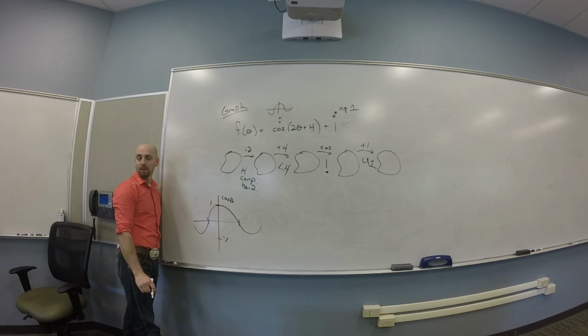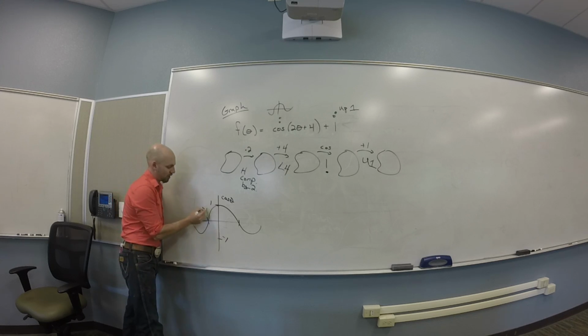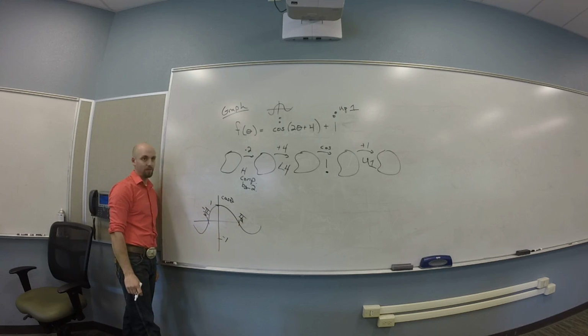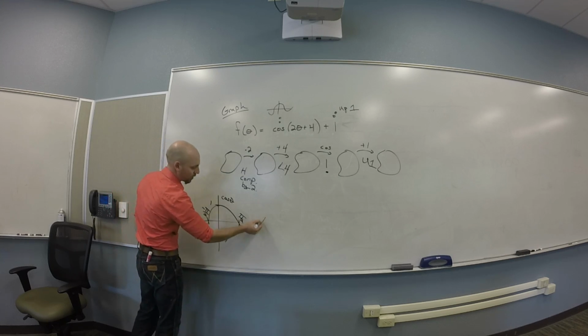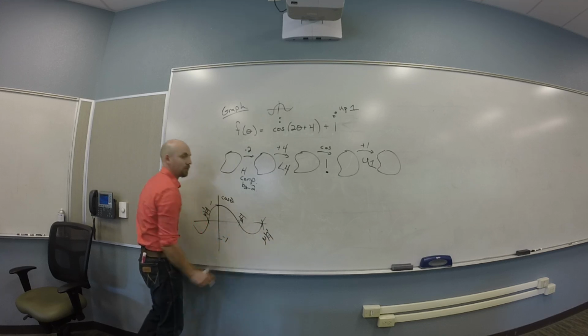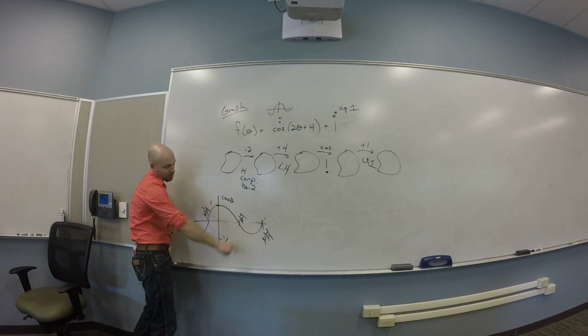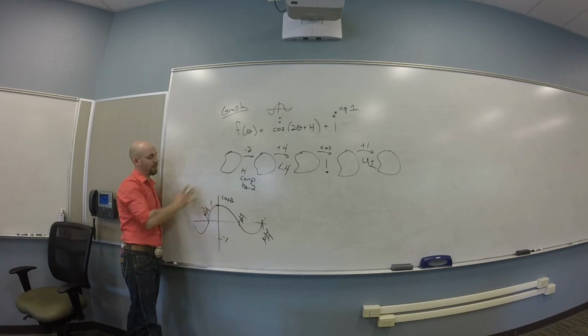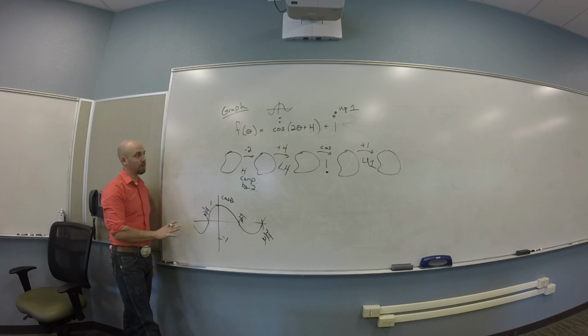The first crossings off the y-axis are negative pi over 2 and pi over 2. The next one is at 3 pi over 2, and the bottom of this bell is at pi. You guys all good with that? That's just regular old cosine.